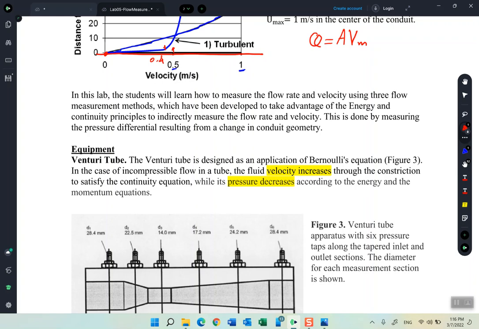But in reality, this velocity follows an equation like a parabola equation. But if we use this just as an assumption to go close to the uniform, we're able to use this equation.